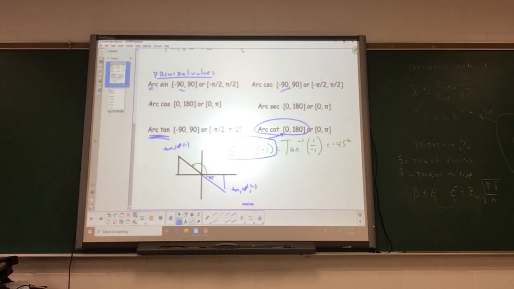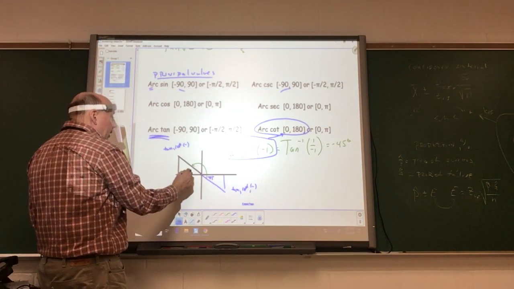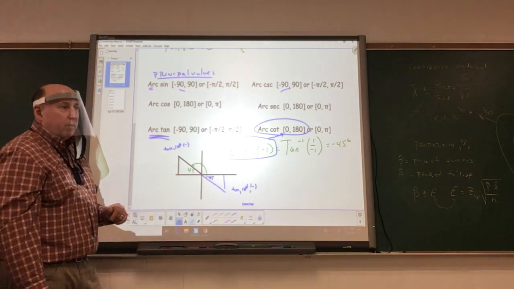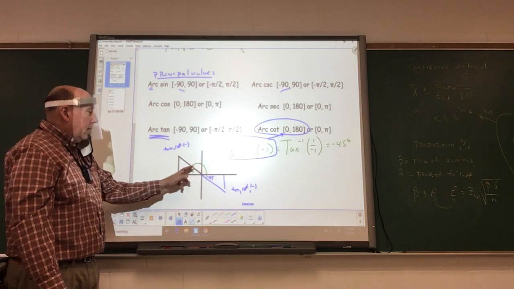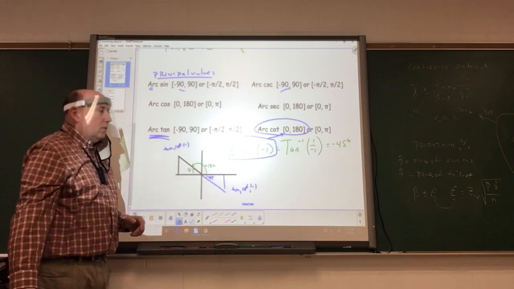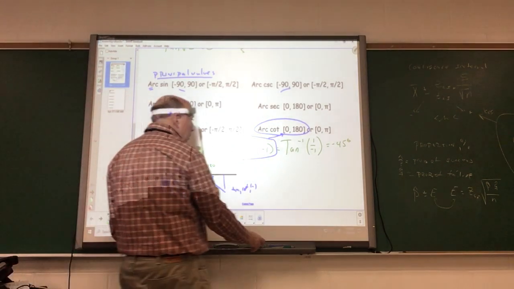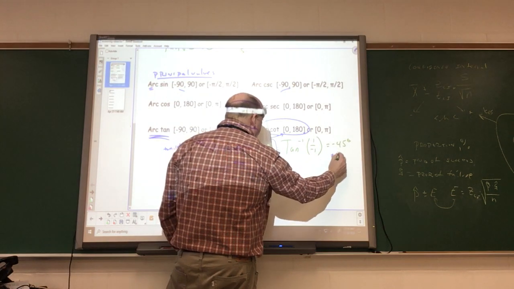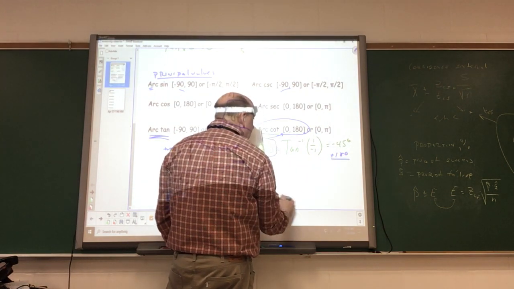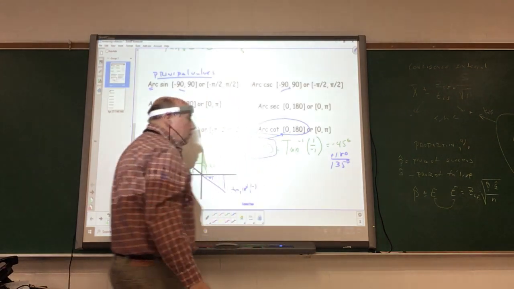And by definition of congruency, congruent angles will have equal measures. So if this angle is 45 degrees here, this angle up here also has to be 45 degrees. Well, to go from here to here, we can add 180 degrees. So over here, we add 180 degrees to give us 135 degrees.